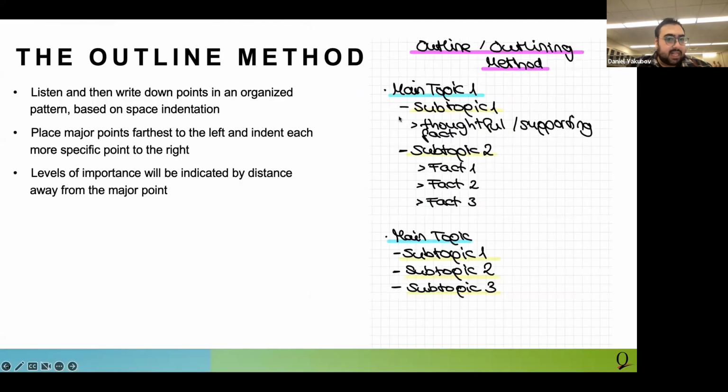So that's one option. The other option is what a lot of people do anyways, and that is the outline method, all right? Essentially, for this one, you're starting off with a main topic, and from that main topic, you're branching out subtopics. The subtopics can be broader subtopics or can be very small subtopics, okay?